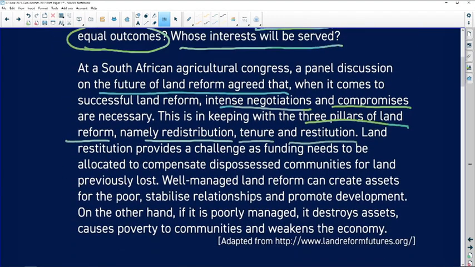And in the last paragraph, well-managed land reform can create assets for the poor, stabilize relationships, and promote development. That's the key of the land reform process: economic growth, development, and reducing poverty and food insecurity. Vitally important. That's the purpose of land reform.